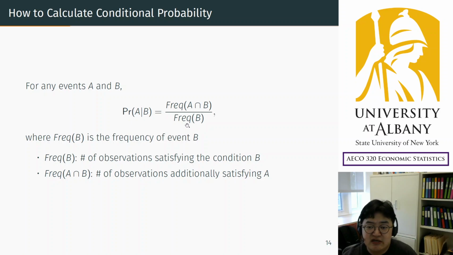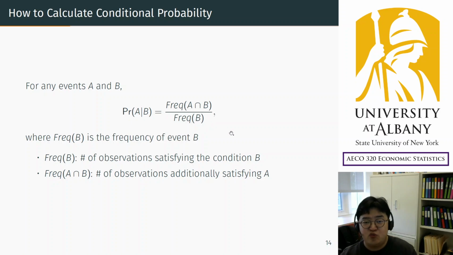So frequency of event B. This is the number of observations where B happened. So that becomes the denominator. And the numerator is the number of observations, frequency, that A happens at the same time with B.